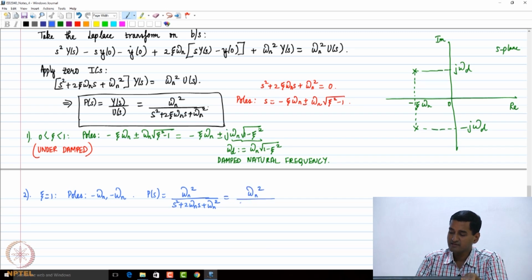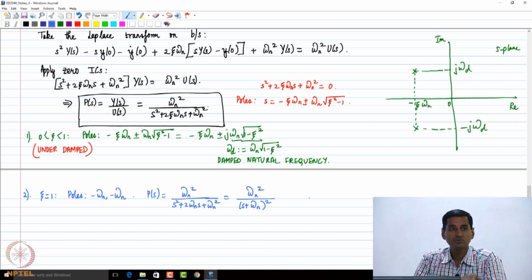So this can be rewritten as omega n squared divided by s plus omega n whole square. So the denominator becomes a perfect square. That's why we have a pair of repeating poles at minus omega n. So I can say we are going to have two poles at minus omega n. So that's going to be the second case.